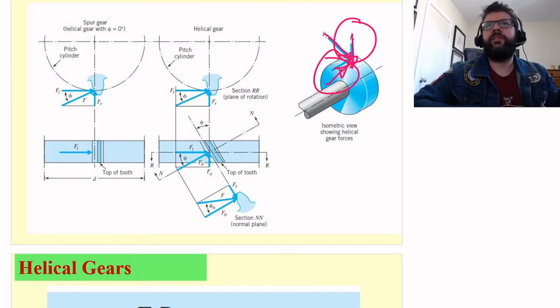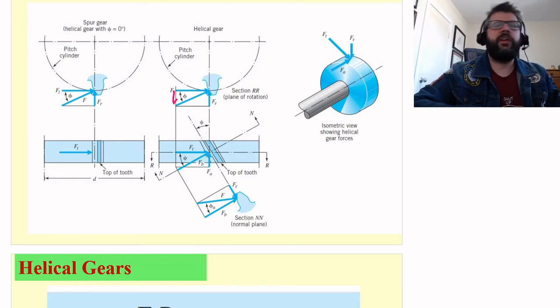The FT is what transmits our torque. The FA and the FT do combine together to give us the actual force on our gear tooth here.